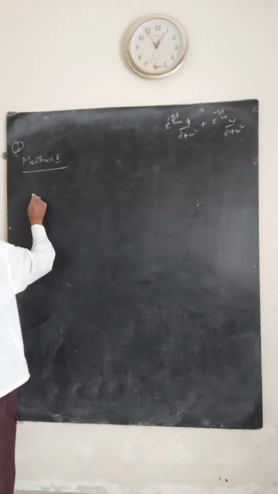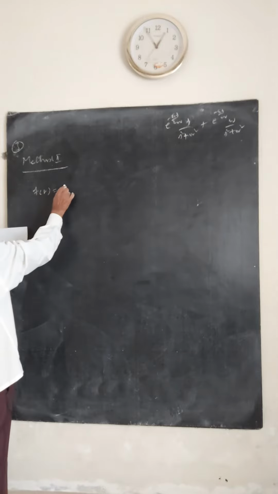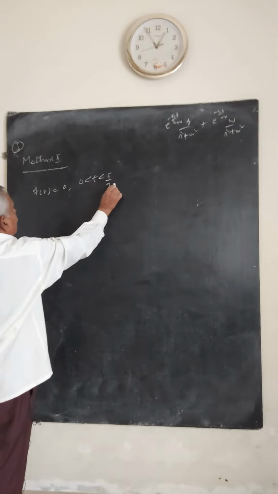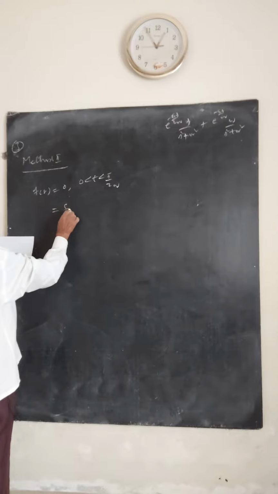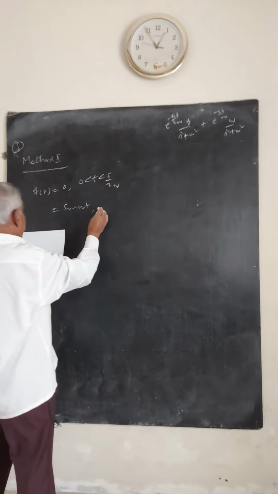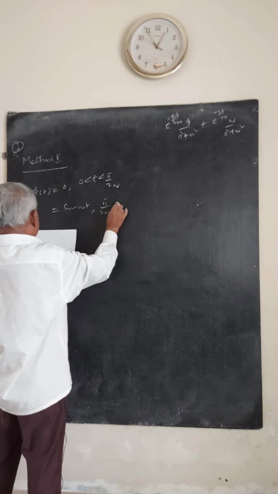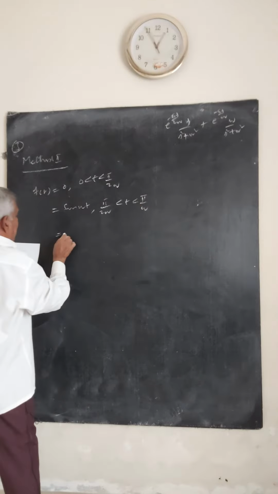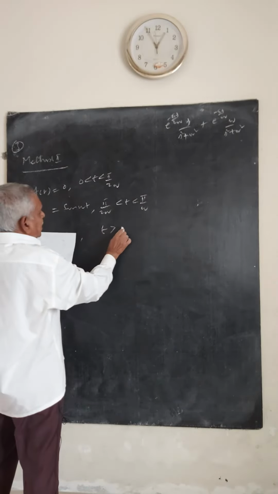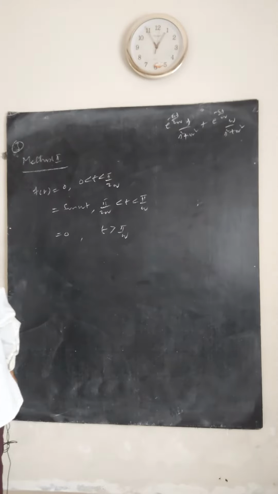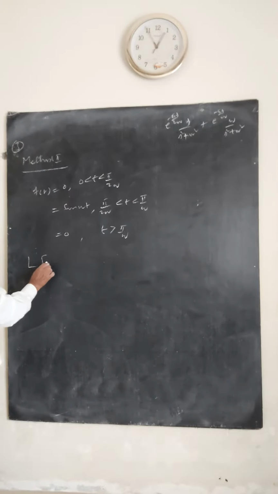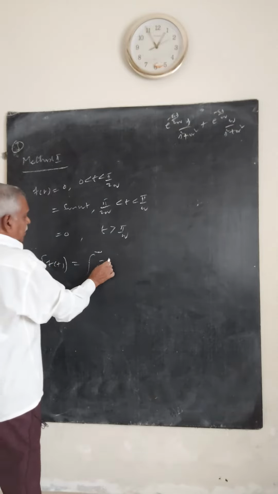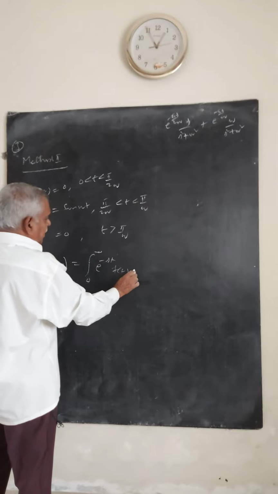Direct method. If f of t equals 0 where 0 less than t less than pi by 2 omega, equals sin omega t where pi by 2 omega less than t less than pi by omega, equals 0 where t greater than pi by omega. The Laplace transform of f of t equals the integral from 0 to infinity of e power minus st f of t dt.